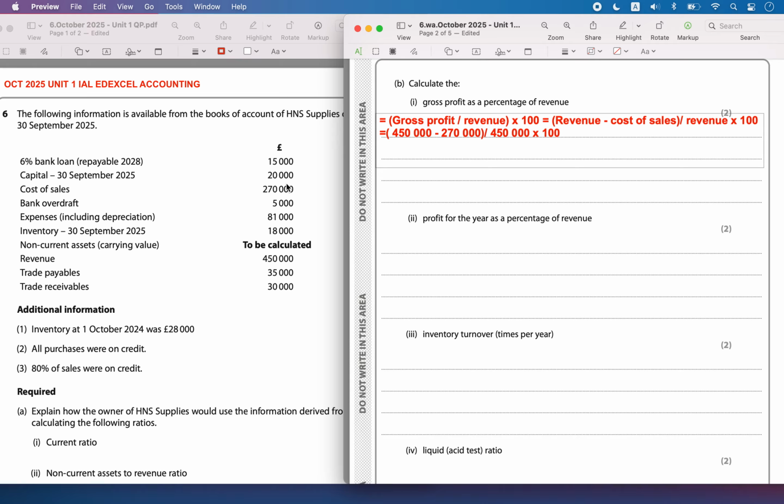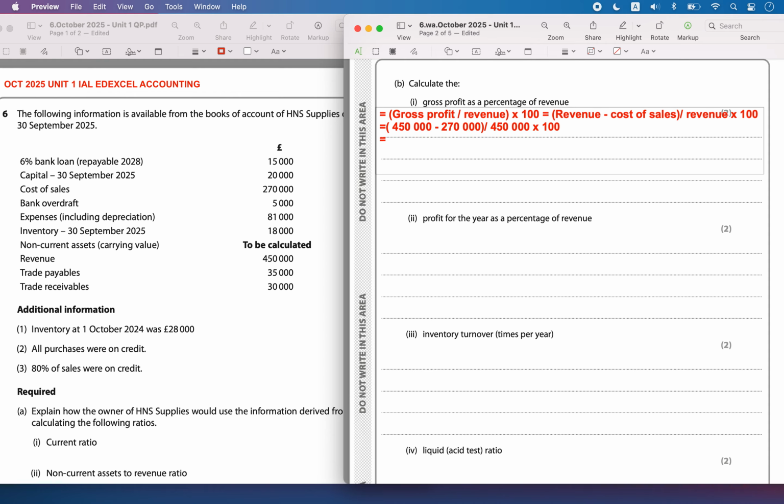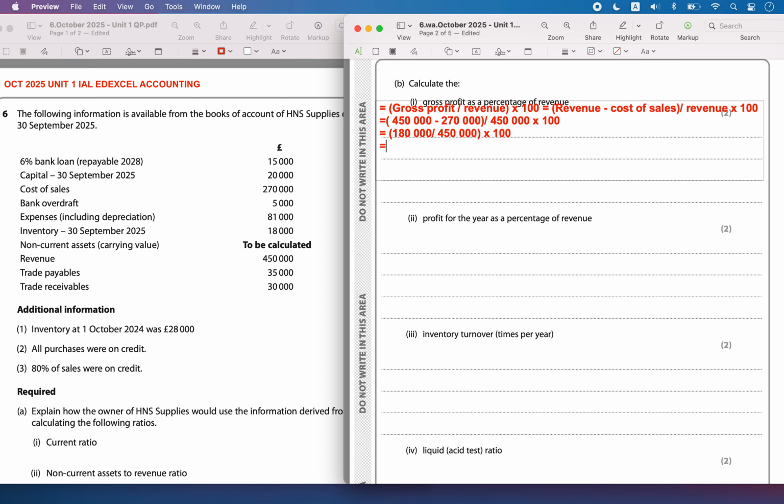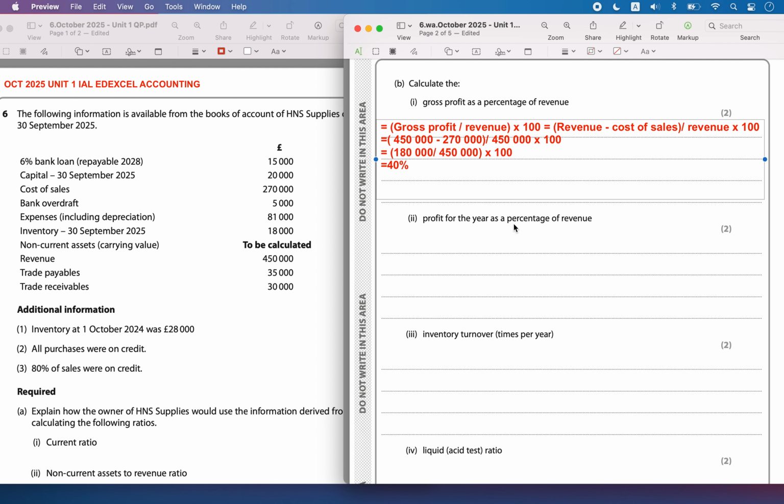That is 450,000 minus 270,000 divided by 450,000, which is 180,000 divided by 450,000. You divide and then multiply it by 100 and write it as a percentage. So that is equal to 40%. This is the gross profit as a percentage of revenue.